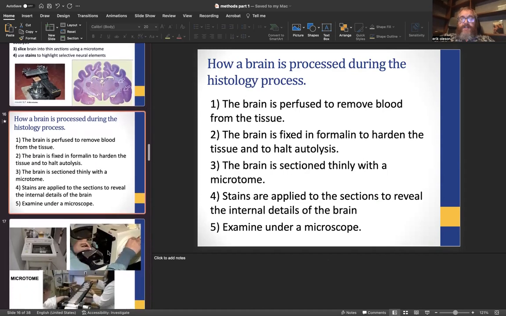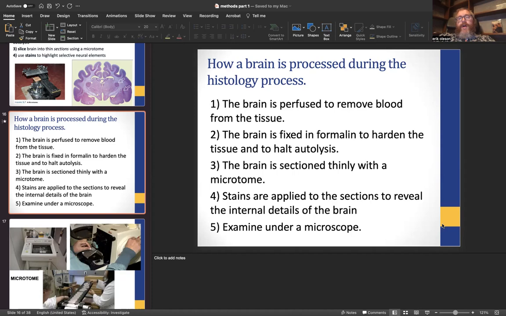How a brain is processed during the histological process is listed here. You would perfuse the brain and animal to remove blood from the tissue. The brain is then fixed in a formalin solution to harden the tissue. You're halting autolysis here.